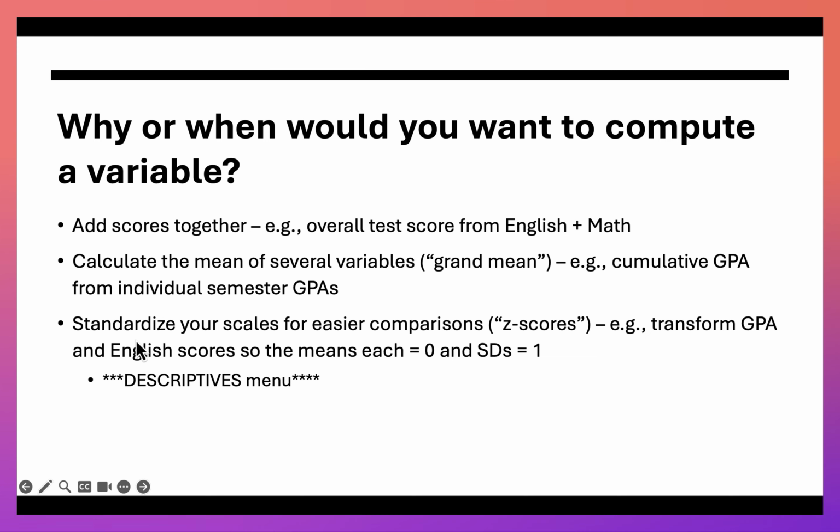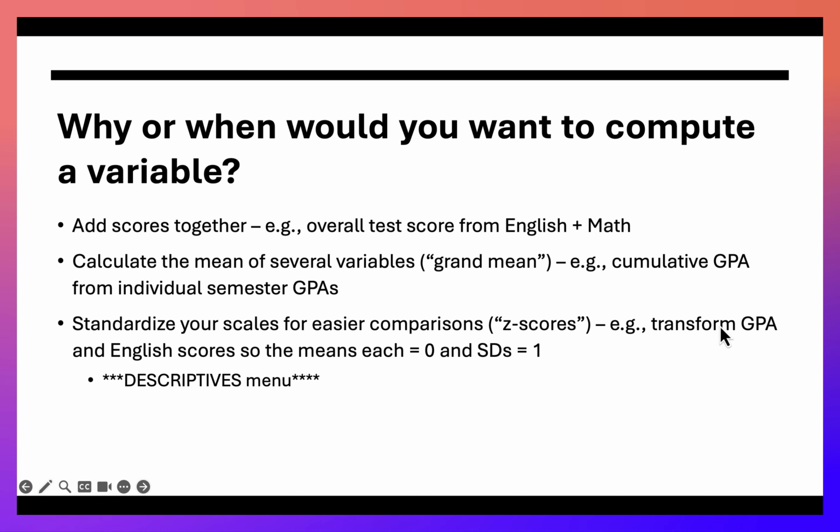Sometimes you'll want to standardize your continuous variables, which is also called creating z-scores. The reason for doing this is that it allows you to compare the relative impact of different continuous variables that are originally measured on different scales. It's called standardizing your scale, and I'll show you what this looks like right now.